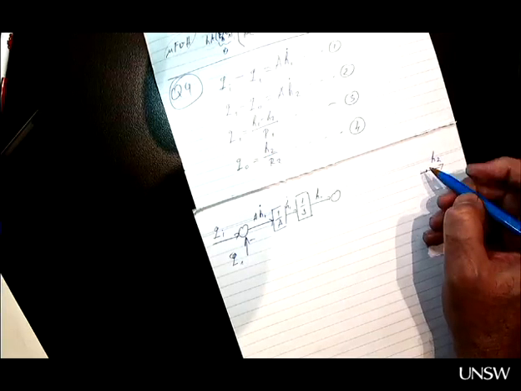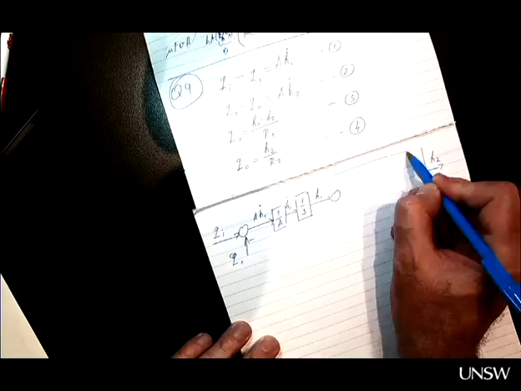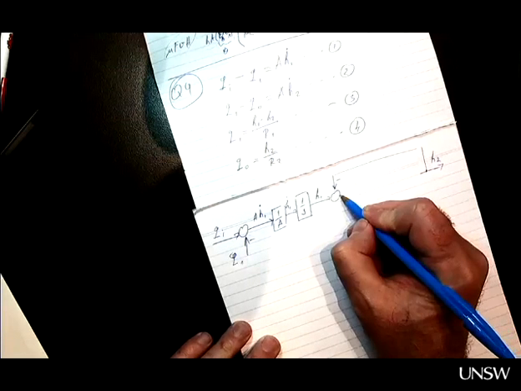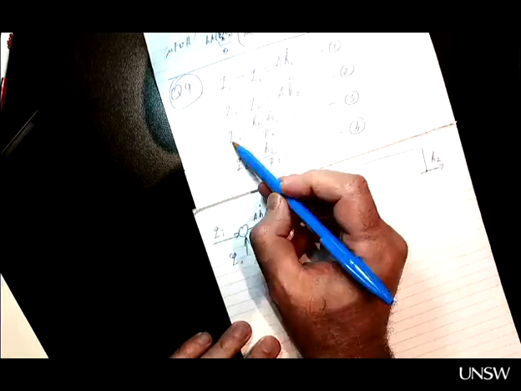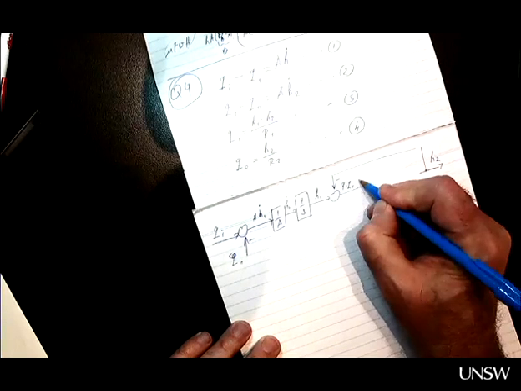So we take H2 with the negative sign, which will give us the difference, which gives us R1 Q1. So we need to divide by R1.